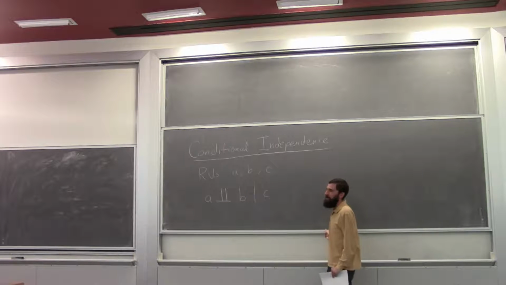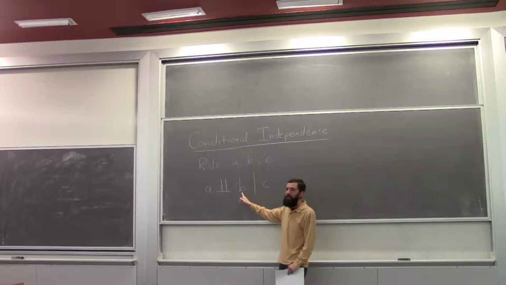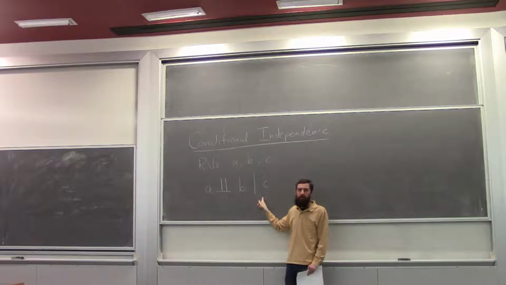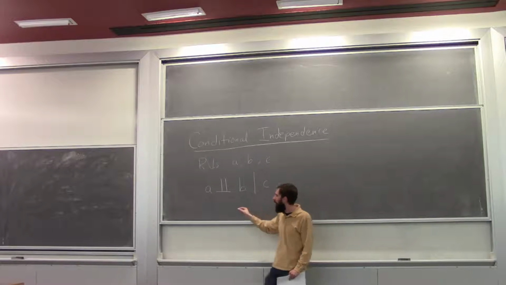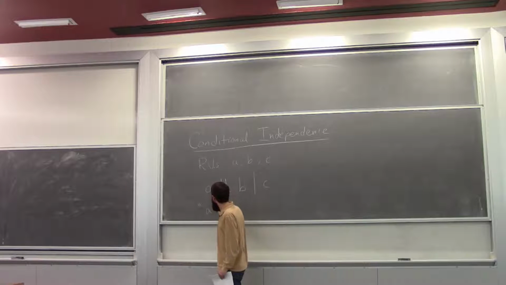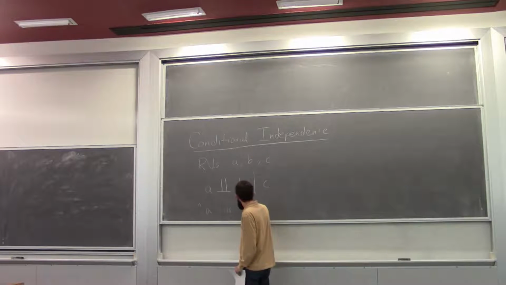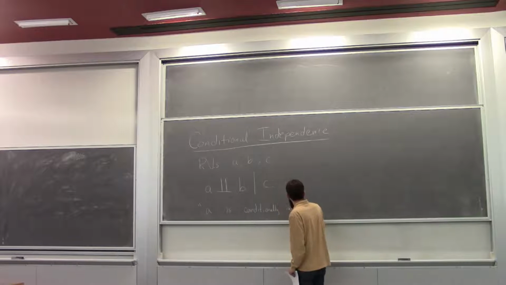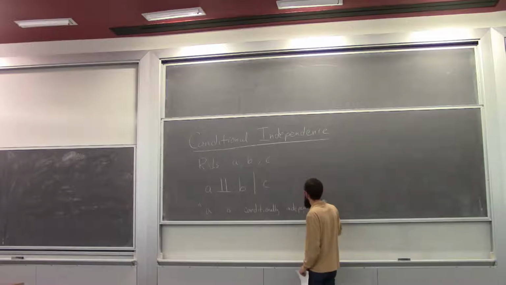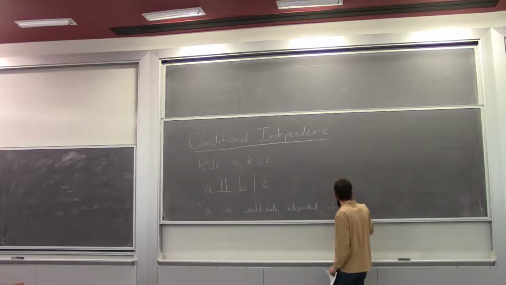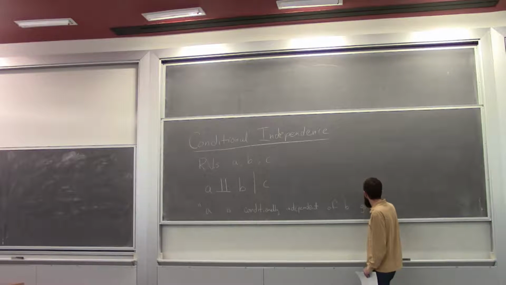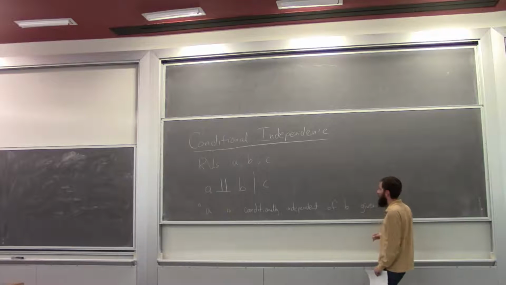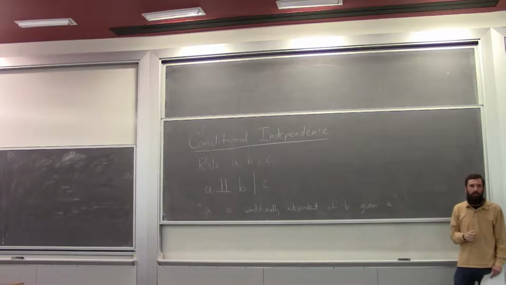The way to read this is that A is independent of B when conditioned on C. Or you can say A is conditionally independent of B given C. So that's the notation we'll write.